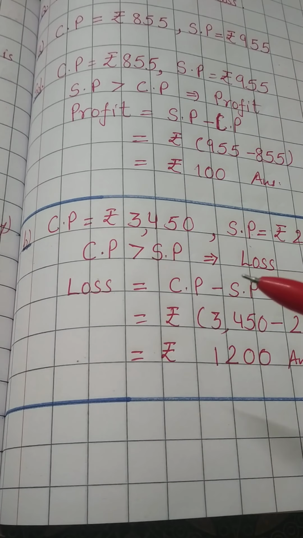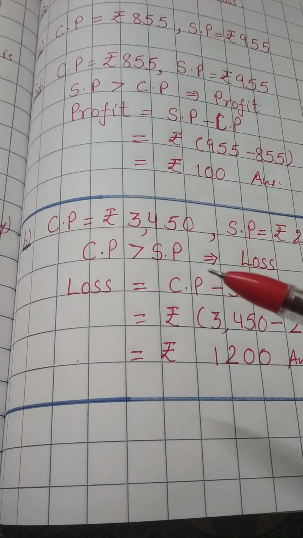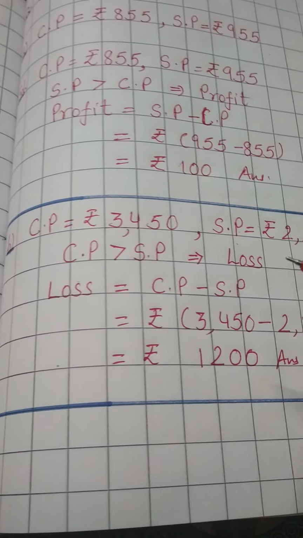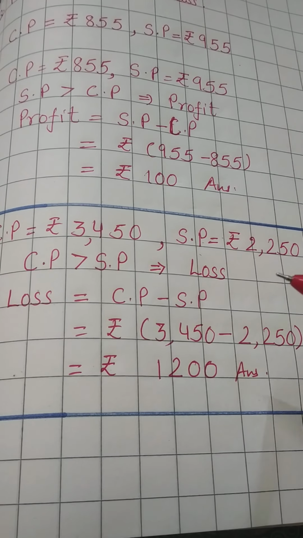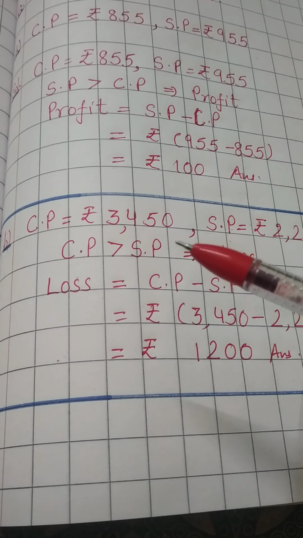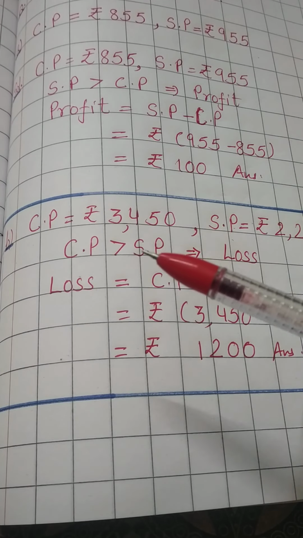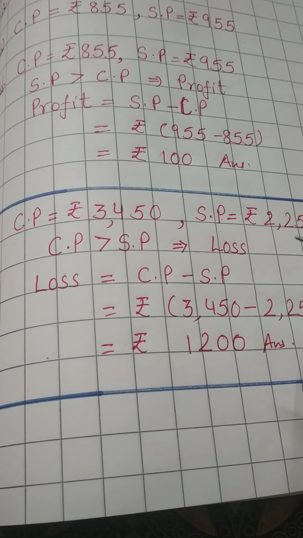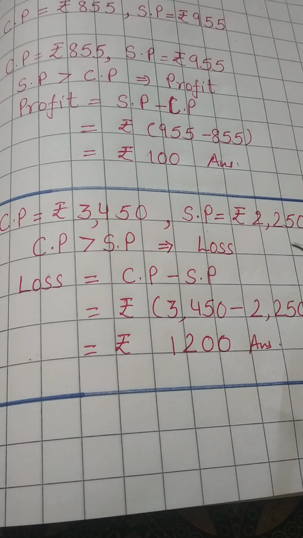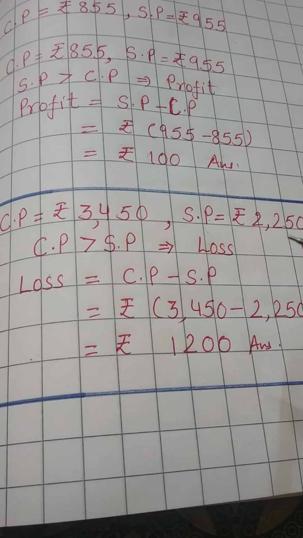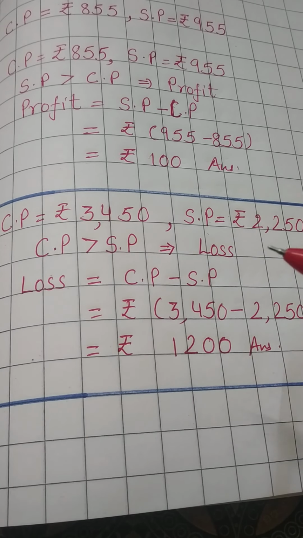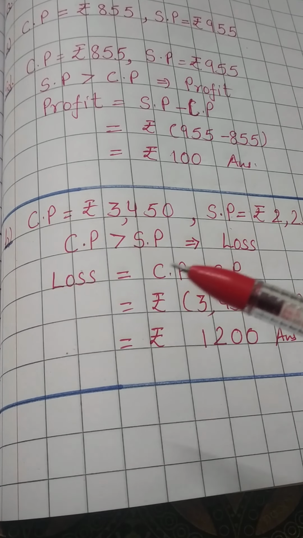Right? The next question: cost price is given as 3,450 and selling price is given as 2,250. Cost price means a shopkeeper bought the particular article at this price and sold it at this price. So what happened? He is gaining, or he is losing, sorry. Here cost price is greater than selling price.